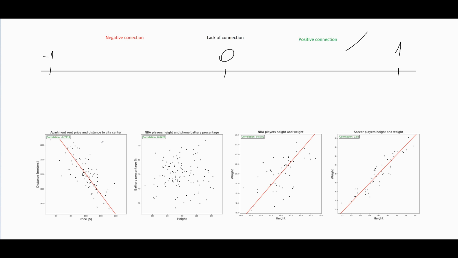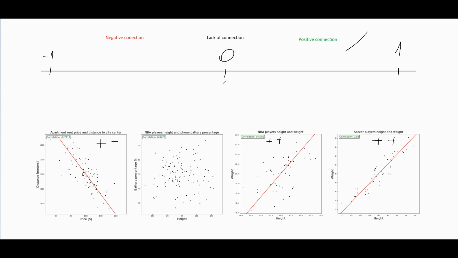So one thing goes up, the other thing must go down, okay? In the previous cases, both were up, and we have a positive correlation. And if those apartments would be closer to the red line, we would have a stronger correlation, so closer to -1, okay?